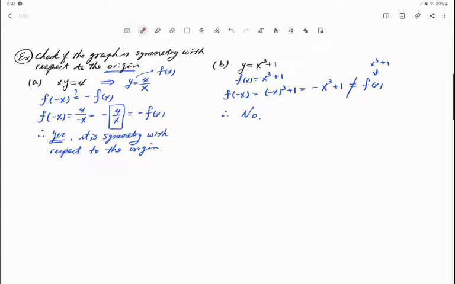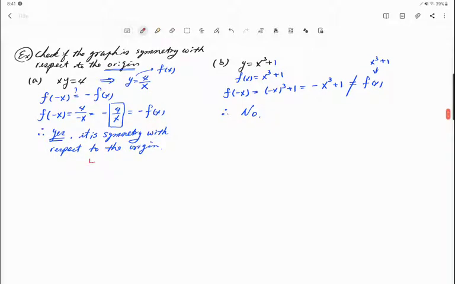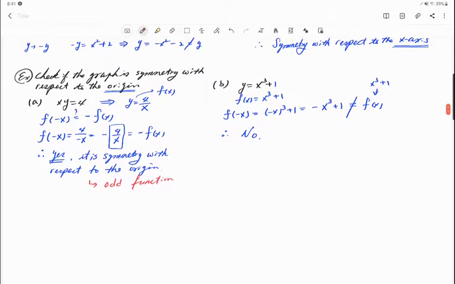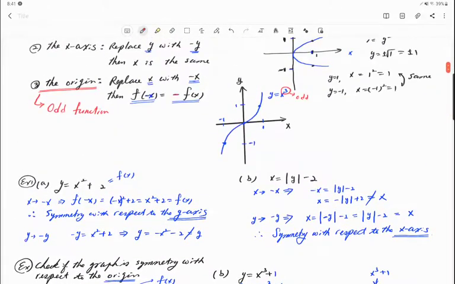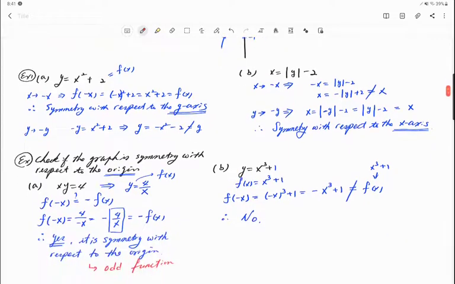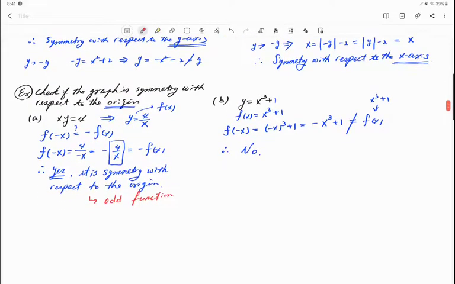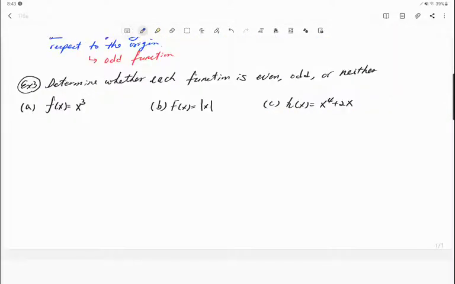So this one is what? An odd function. It's symmetric with respect to the origin. That means it looks like this, x cubed, something like this, right? All right, then let's try next.